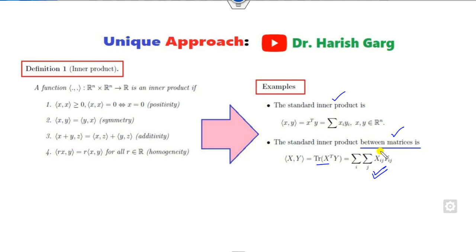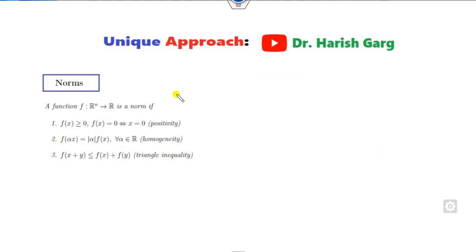Another concept which we need here is a norm. Norm is a function whose domain is R raised to power n and range is R, if it satisfies three properties: positivity, homogeneity and the triangular inequality, that is, norm of x plus y is at most norm of x plus norm of y.